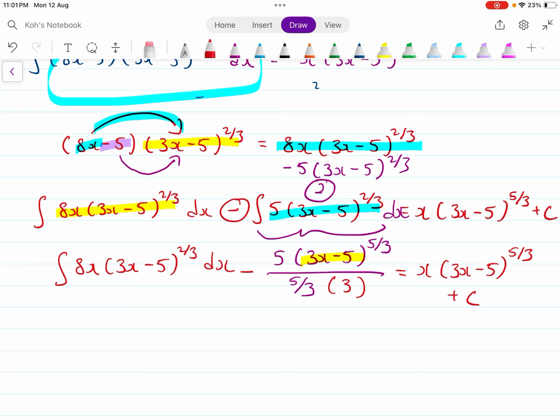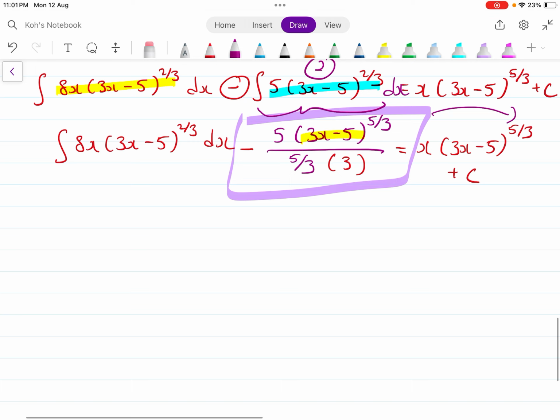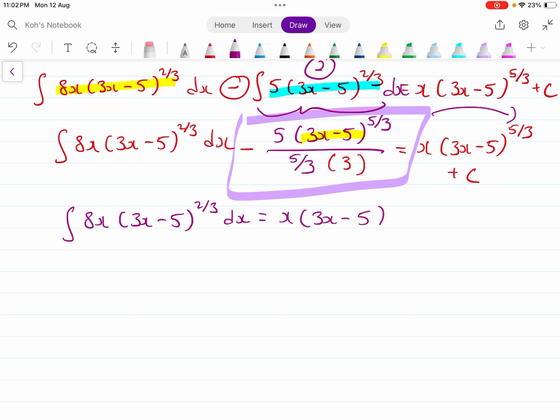Okay, so what I can do now is actually move this whole thing to the right hand side. So I move to the right hand side, I will get something like this: the integral of 8x(3x − 5)^(2/3) dx equals, put this first, x(3x − 5)^(5/3) plus, I simplify this first, so this one is over 5, meaning this whole thing and this whole thing will cancel away.